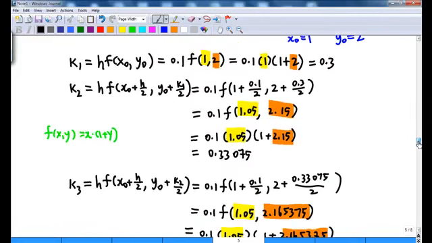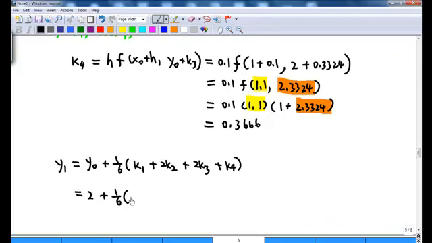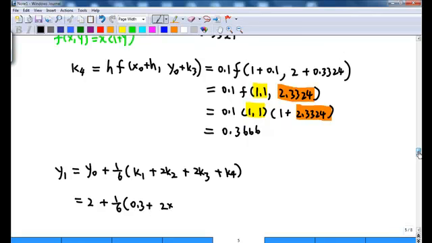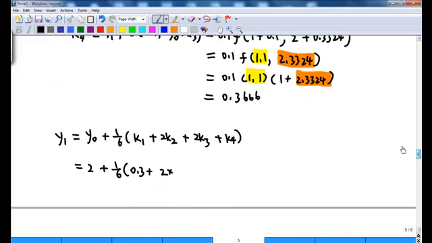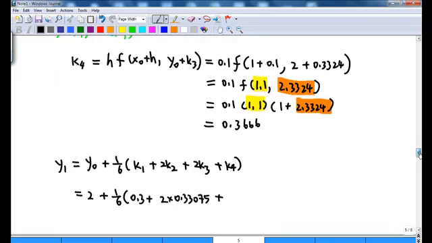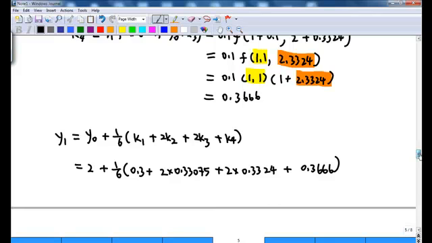K1 is 0.3, then 2 times K2, and K2 was 0.33075, then 2 times K3. K3 is 0.3324, and plus K4, 0.3666. So adding up all this is equal to 2 plus 1 over 6 times 1.9929.